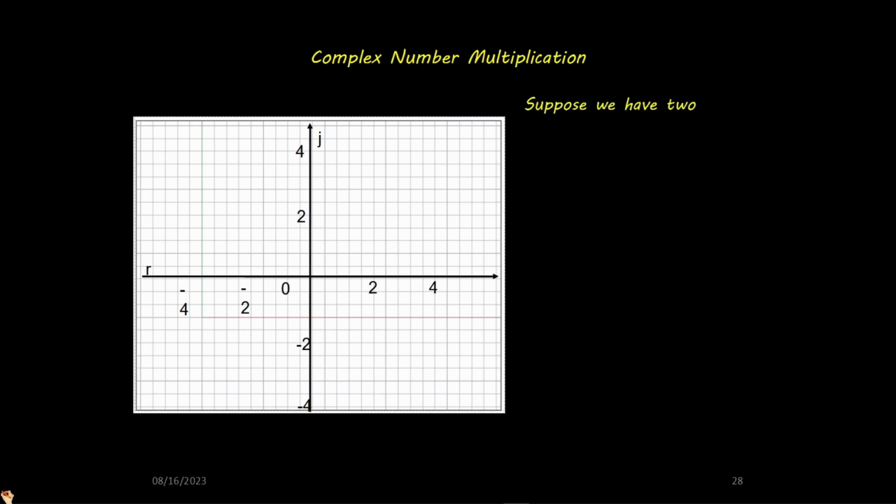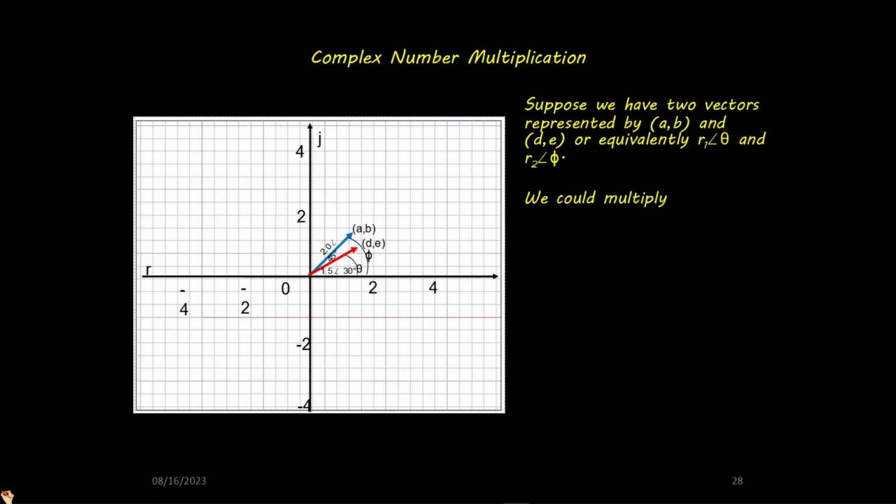Suppose we have two vectors represented by a, b, and d, e, or equivalently r1 at angle theta, magnitude 1.5 at 30 degrees, and r2 at angle phi, magnitude 2 at 45 degrees. We could multiply the vectors component by component.